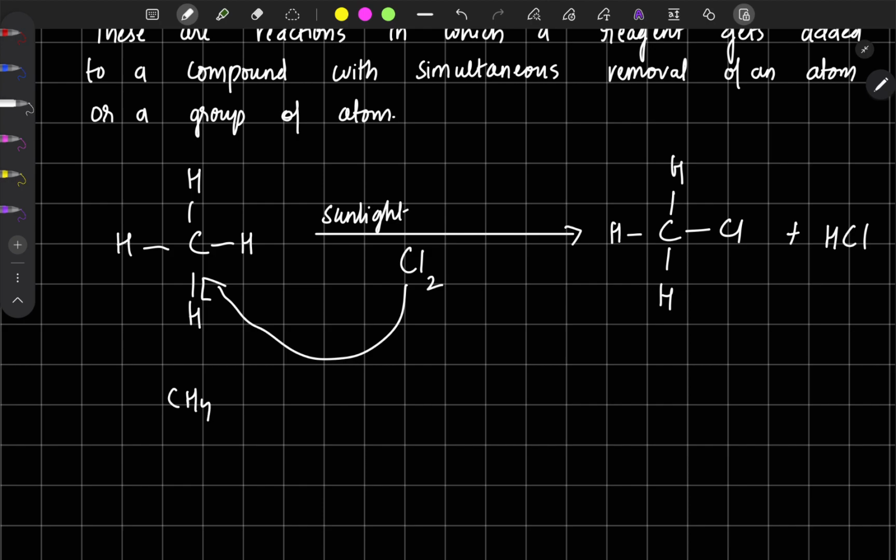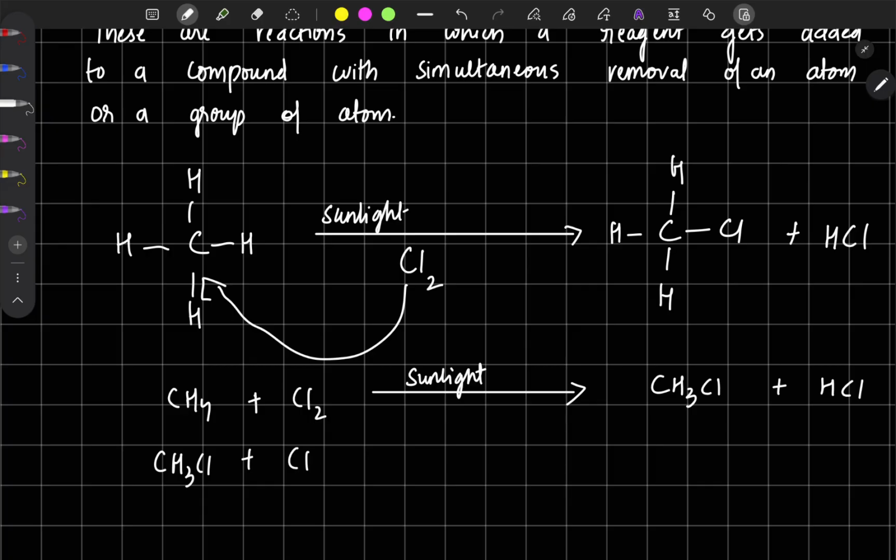Now it is CH4 plus Cl2, with sunlight. So what we got? CH3Cl plus HCl. Now the second thing is this CH3Cl can also undergo substitution. Sunlight. So what will happen?